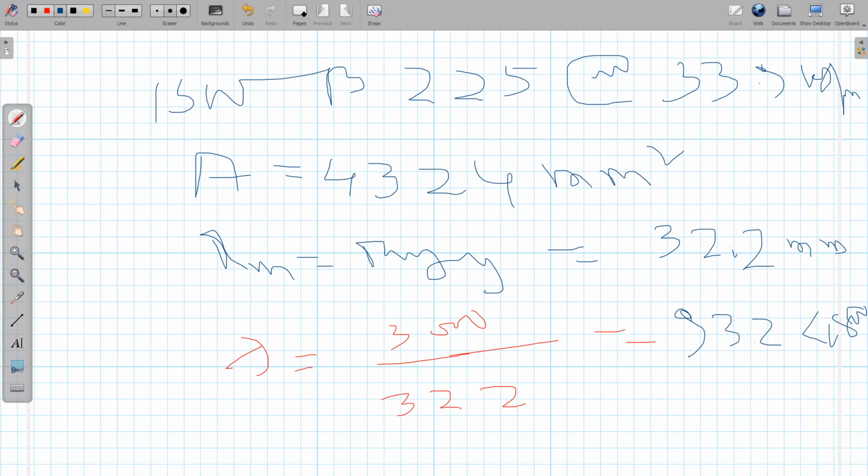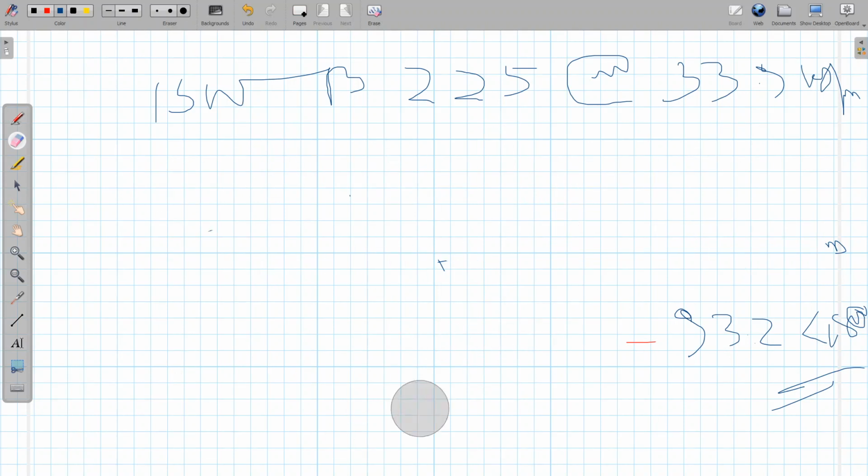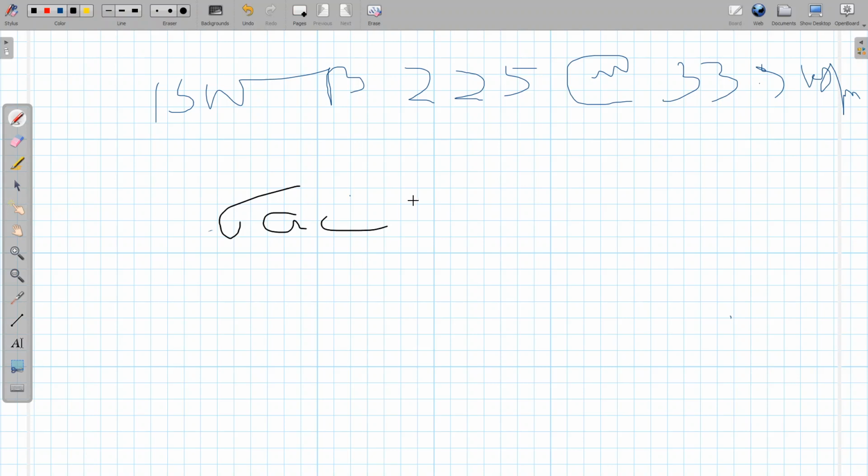Once we are accepting it, what do we have to do? We have to find the sigma SC value. How do we find it? Lambda is 93.2. You go to the code book and find the sigma SC value for a lambda of 93.2. For that I need the value for 90 and the value for 100.